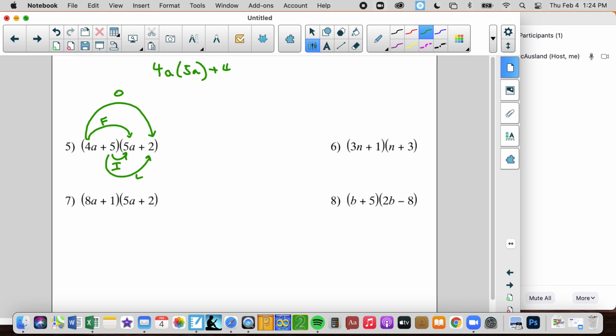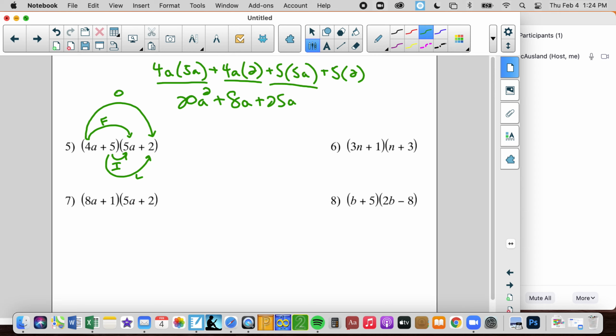The outside would be 4a times 2. The insides would be 5 times 5a. And then the lasts would be 5 times 2. We get 20a squared when we multiply that. We get 8a when we multiply that. We get 25a when we multiply those two, and then plus 10.